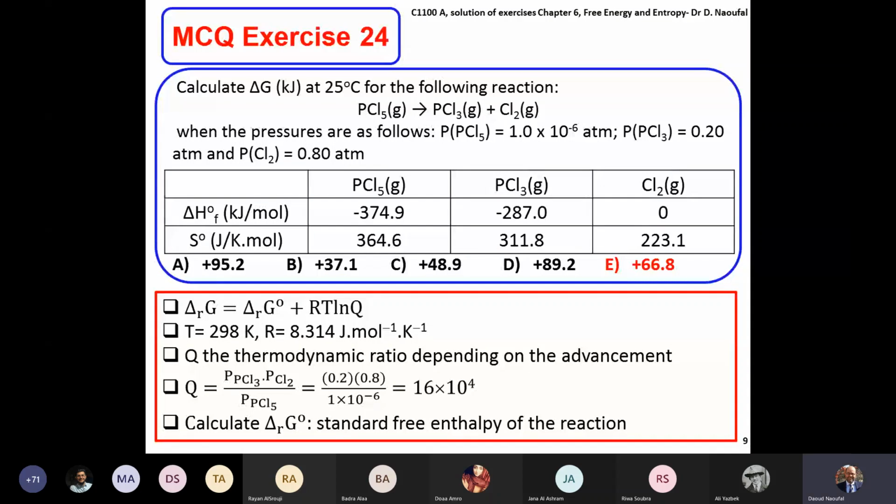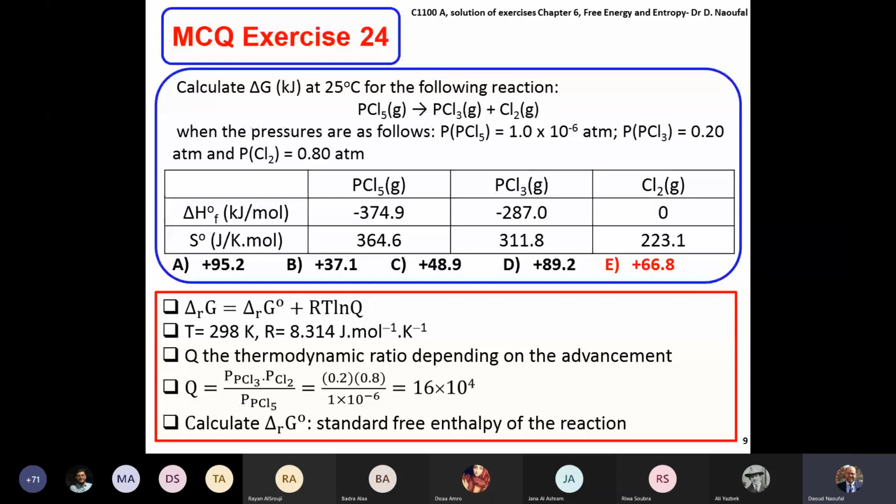In the explanation, I said that we have three methods. Method 1 is to apply delta G0 of the reaction equal delta G0 formation product minus reactants. And in this exercise, we don't have the delta G0 formation of the products or reactants, so we could not use this method. Method number 2 is to apply delta G0 of the reaction equal delta H0 of the reaction minus T delta S0 of the reaction.